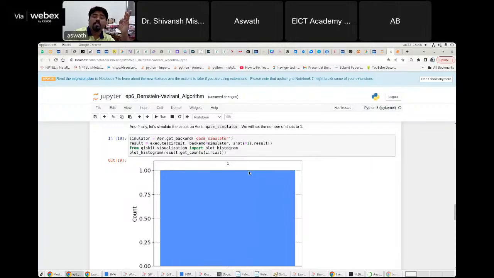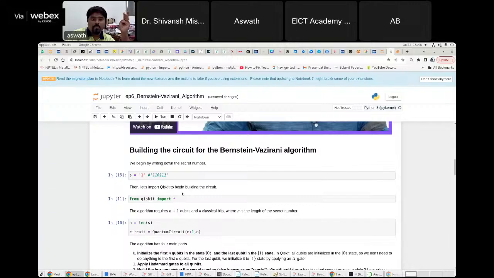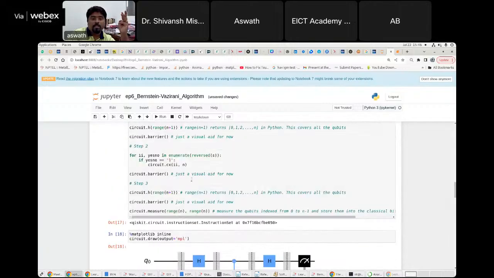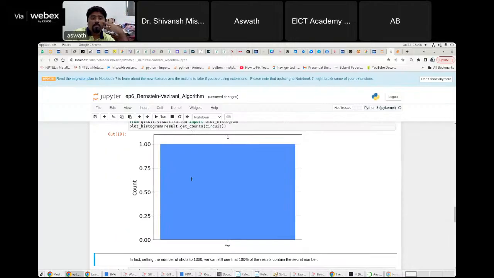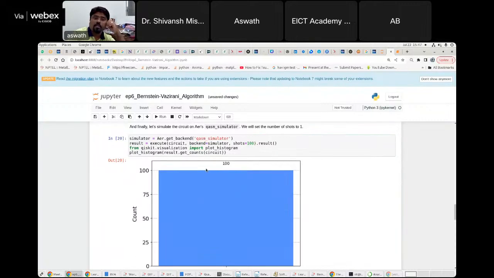If you are performing the experiment for a certain number of shots, here the shots is 1, only 1 shot. So you can increase it, let's say 100 shots. For 100 out of 100, this is running on a simulator.